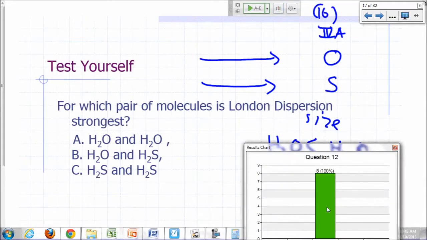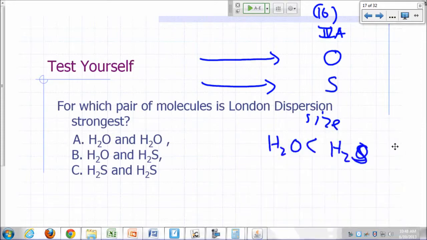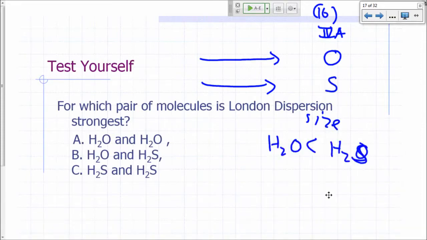Okay, the correct answer is between a pair of H2S. So you would think that H2S molecules would have stronger attractions for each other compared to water molecules, right?